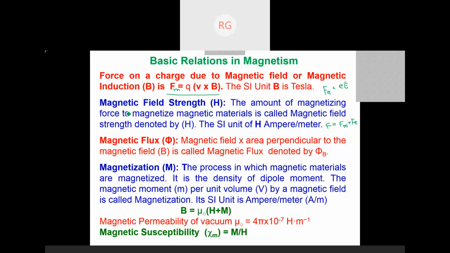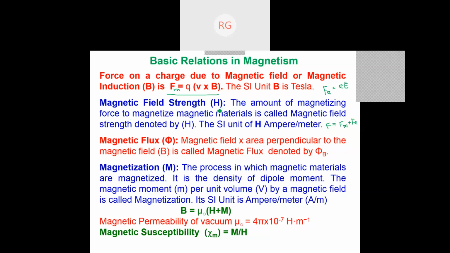So now the magnetic field strength H. Don't confuse between B and H. B is magnetic induction or magnetic field. H is the magnetizing field, that is the external field you are applying to magnetize or demagnetize a material. The magnetic field H is generally measured in ampere per meter. B will be in Tesla, or if I go for CGS units, Gauss.